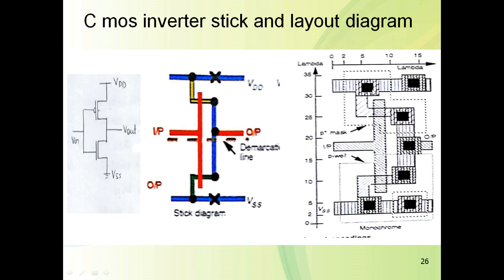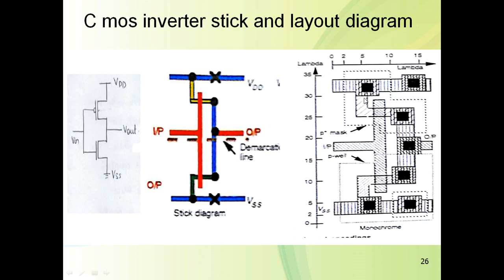There is a contact between P diffusion and metal, and between N diffusion and metal. This is a contact cut of 2 lambda by 2 lambda, and the superimposed area will be 4 lambda by 4 lambda, extending 1 lambda on each side of the contact cut.